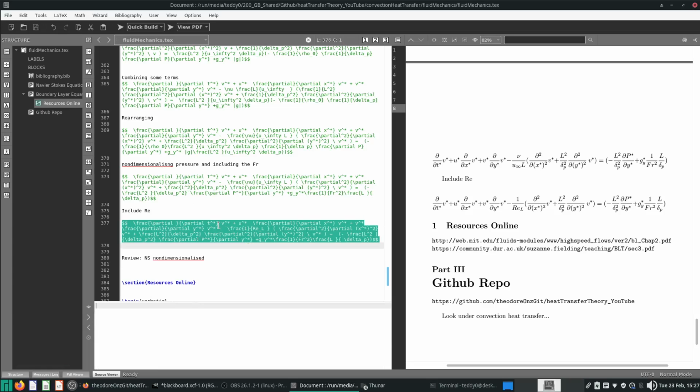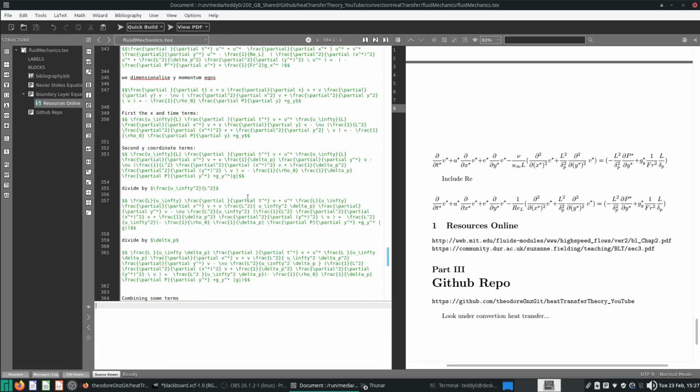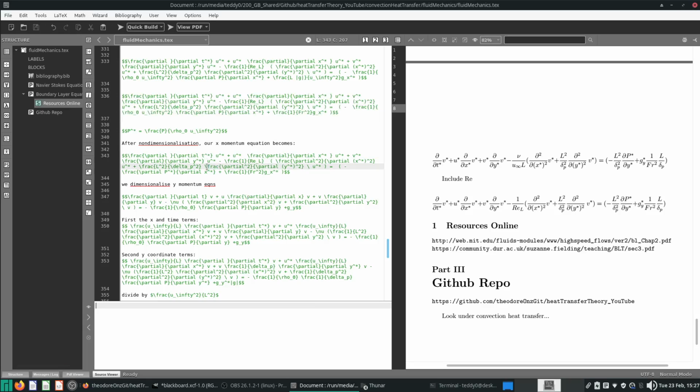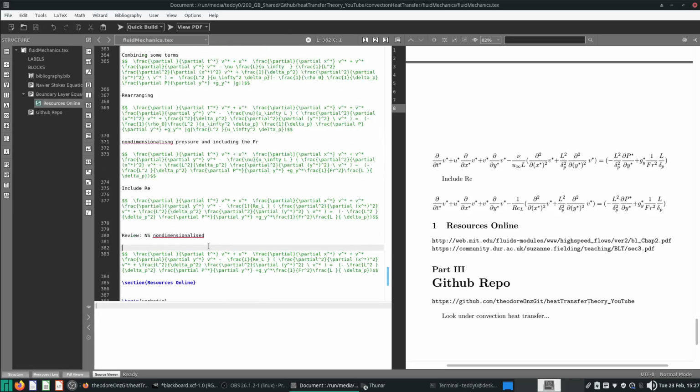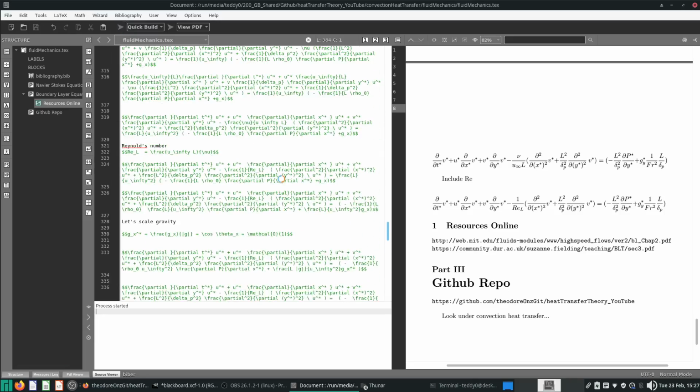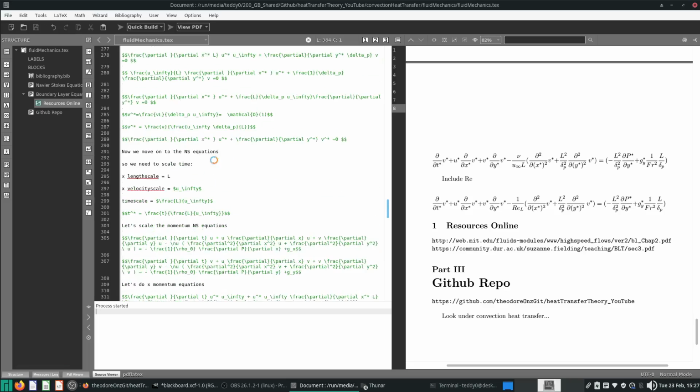This is the Y momentum equation, and this is the X momentum equation, and then of course we have our continuity equation, which is very simple. It's just this one.